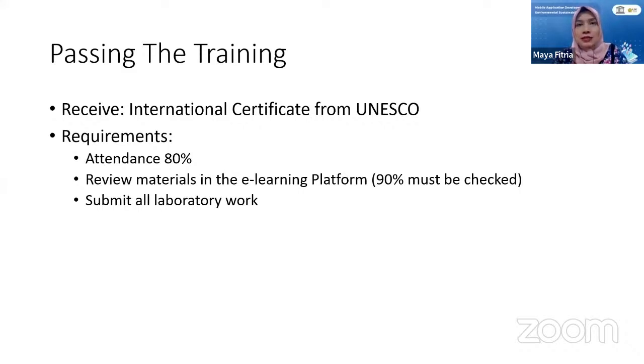So we can see your activity in the e-learning platform when you check the materials. And you need to submit all lab work on the e-learning platform. That's the requirement that you need to fulfill to receive the international certificate from UNESCO.